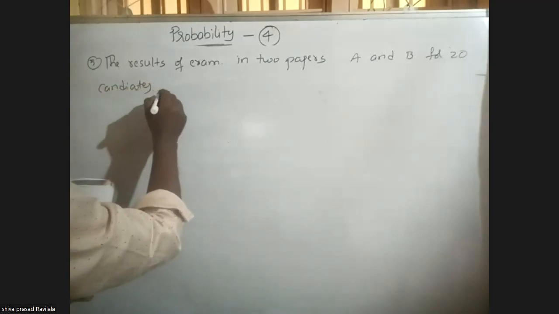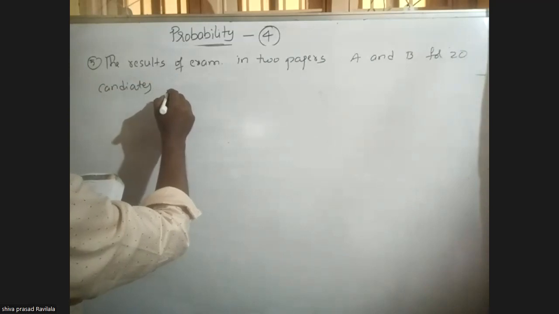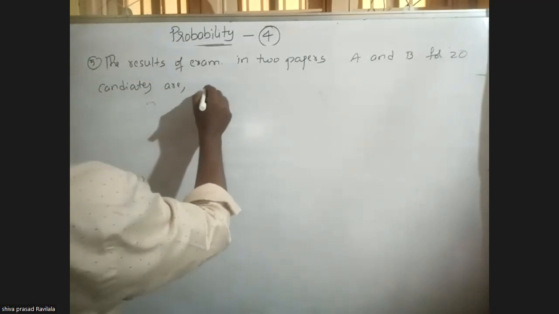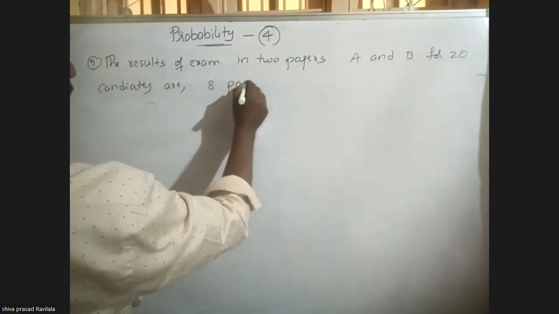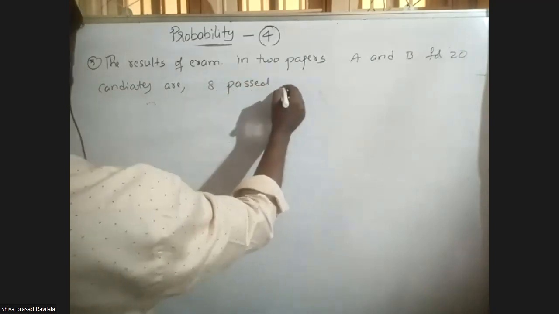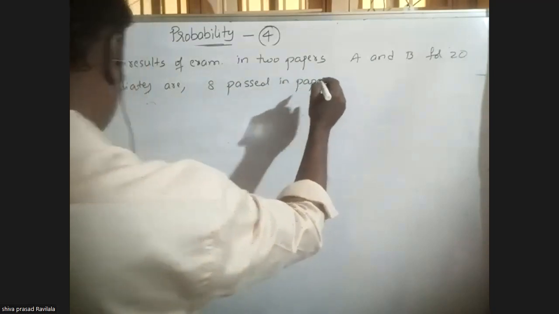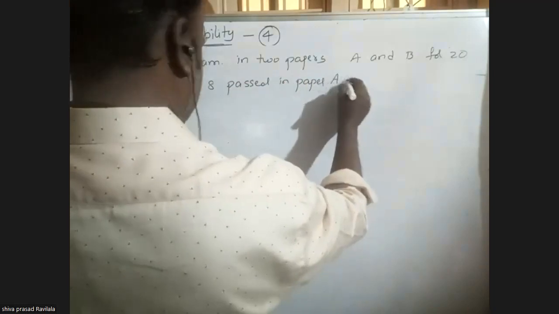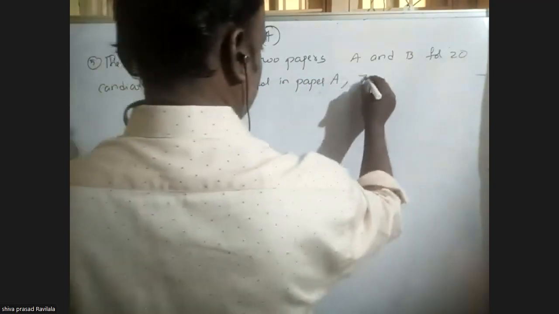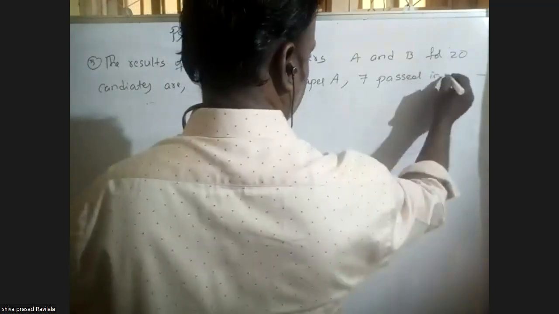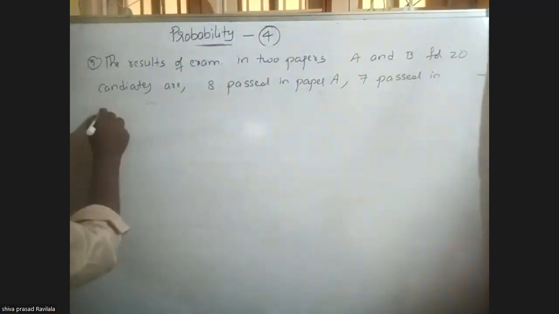For 20 candidates were recorded as follows: 8 passed in paper A, 7 passed in paper B.